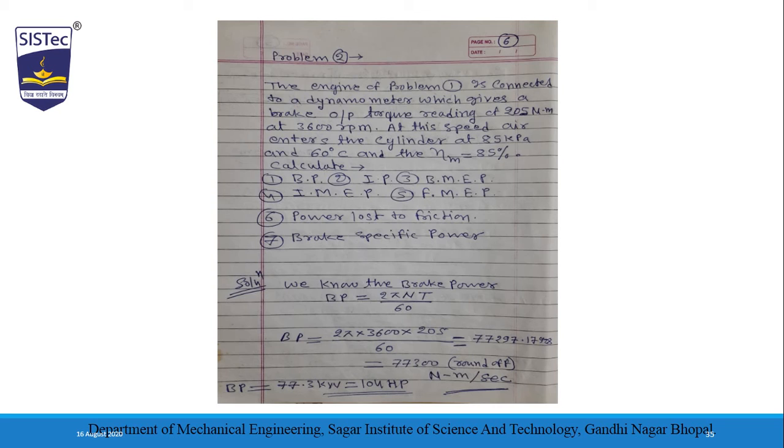If it is rounded up, then 77,300, and calculating in kilowatt, again the brake power is 77.3 kilowatt, equal to 104 HP.